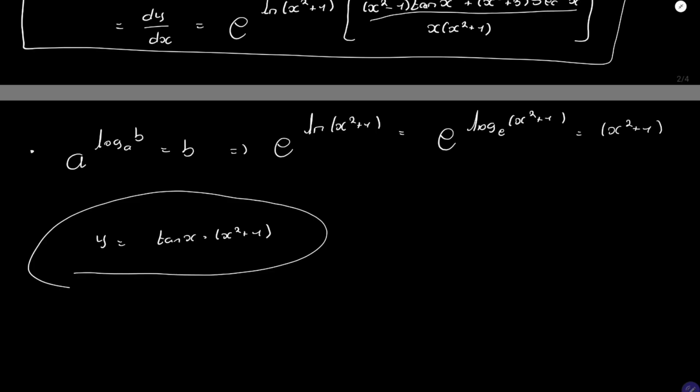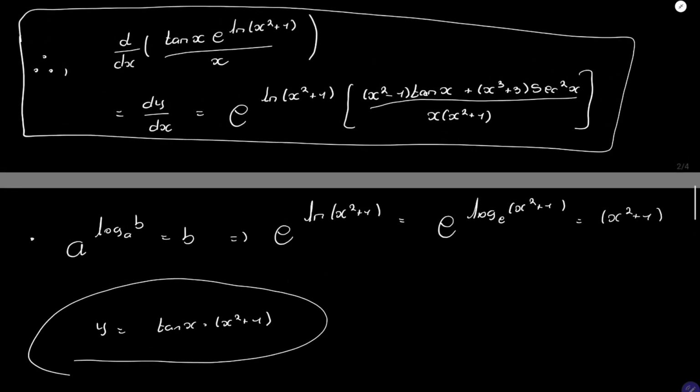I know that there are lots of you who are wondering why we didn't simplify it from the beginning. So here's the reason. Let's apply this simplification to our final answer here.